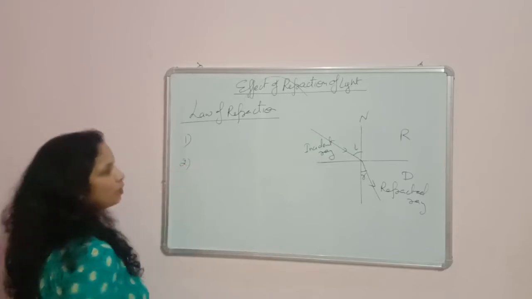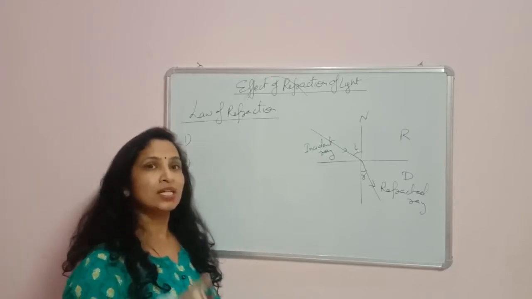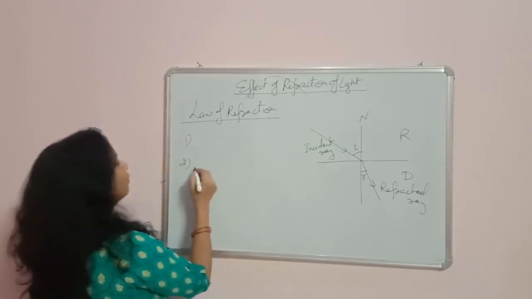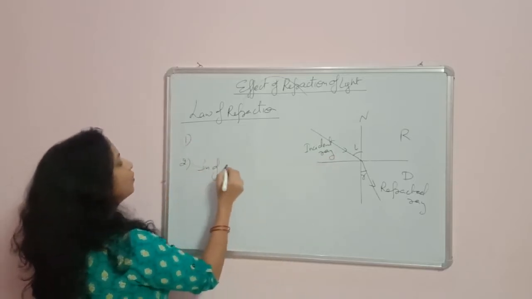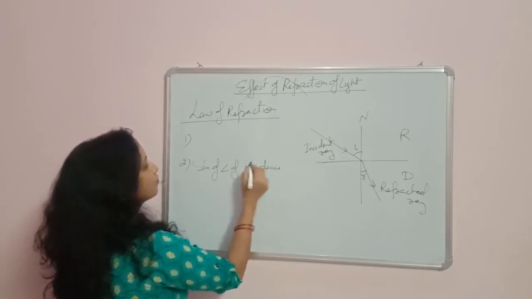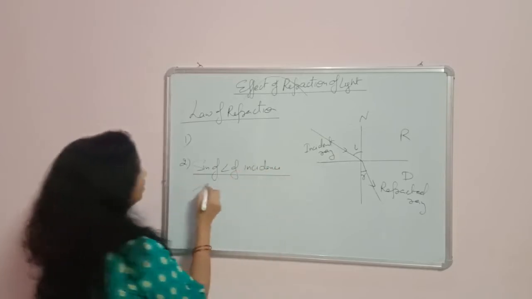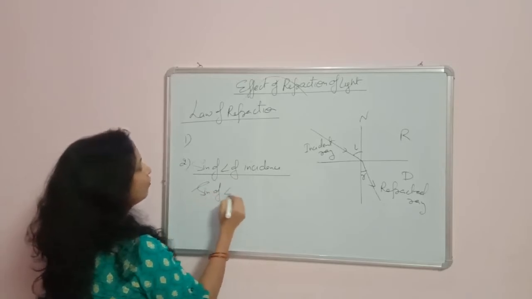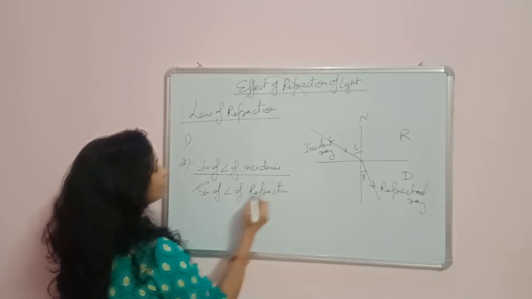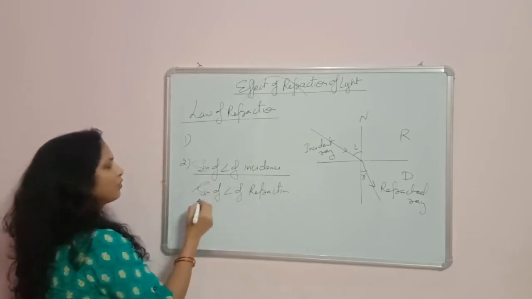And the second law is: the sine of angle of incidence upon the sine of angle of refraction. What is the sine here? Sine is a trigonometric ratio.